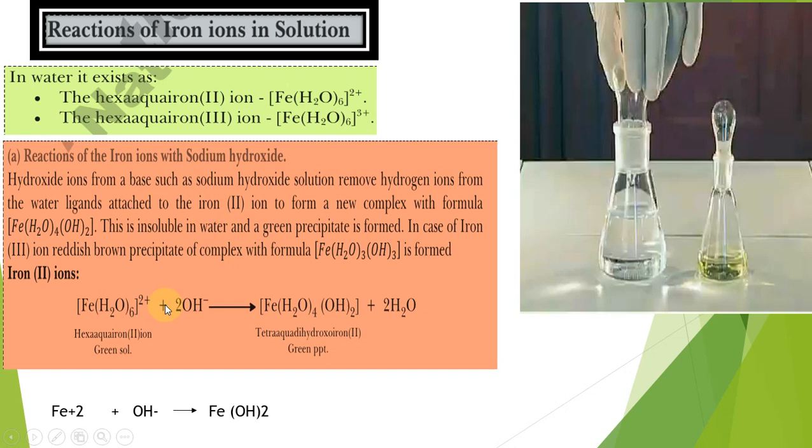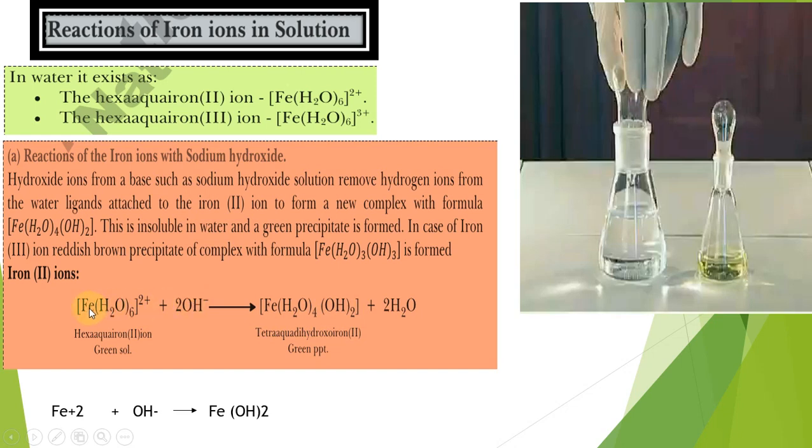So when we add sodium hydroxide to this solution which contains hexaaquairon(II), the hydroxide ion reacts and produces a complex which is insoluble in water and its color is green, and this is the formula of that complex. Here, this is water, this is water.